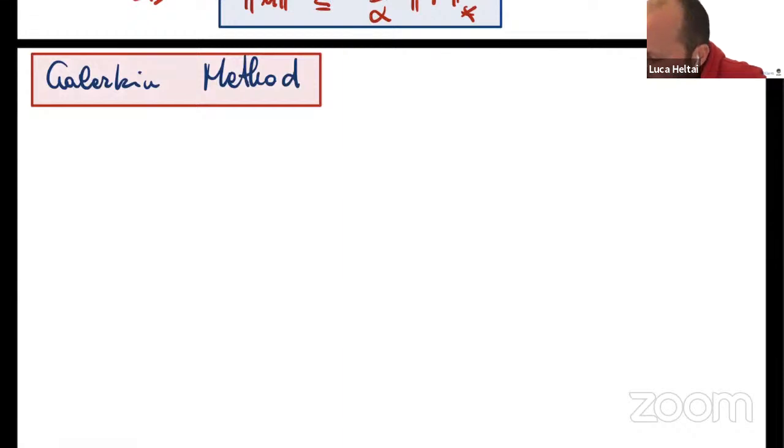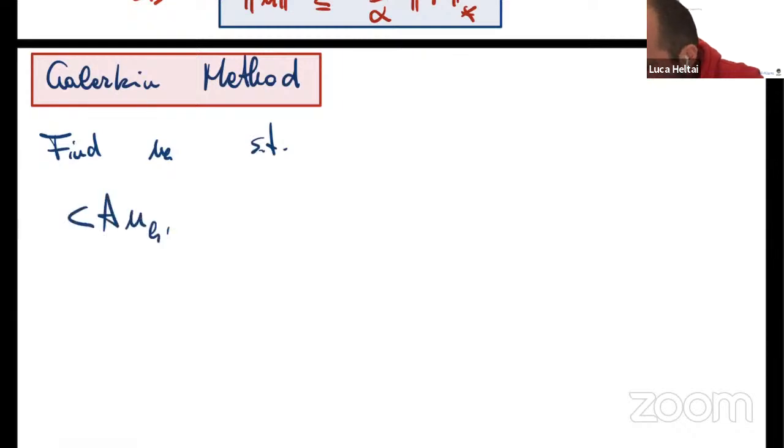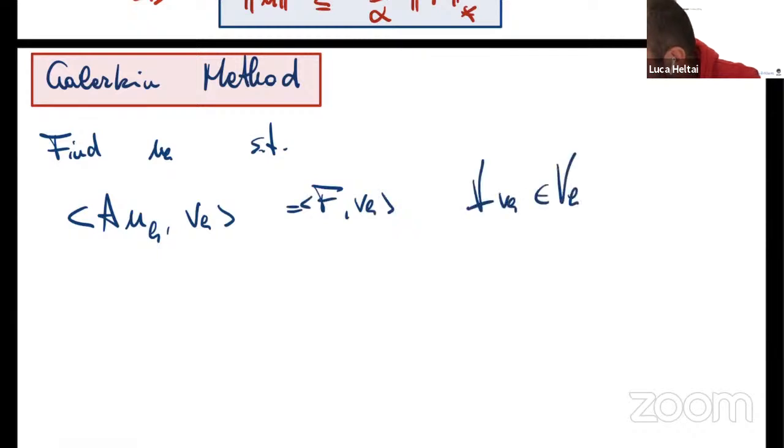Since we simply wrote everything, find U_H such that A of U_H, V_H is equal to F of V_H for any V_H in capital V_H.